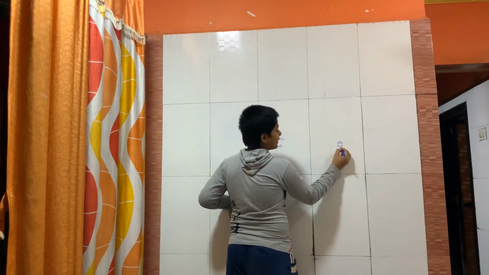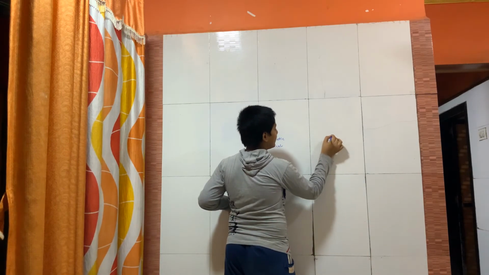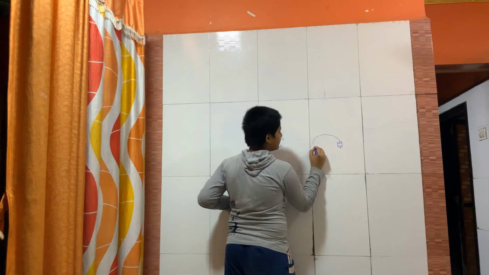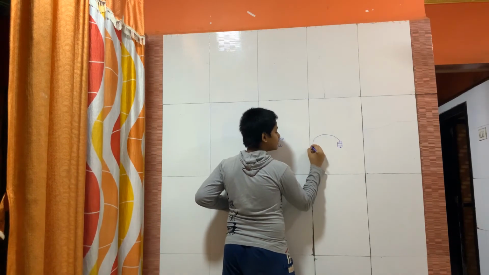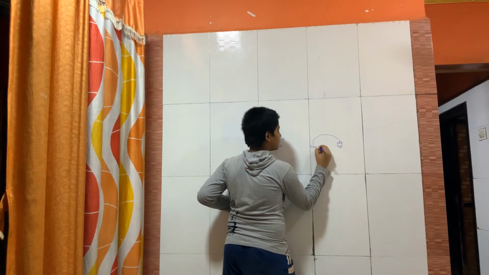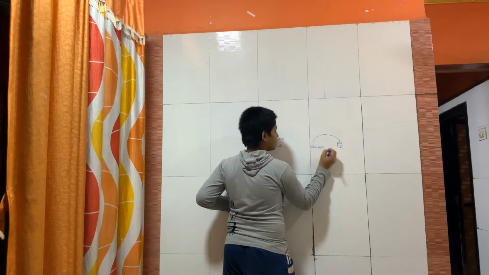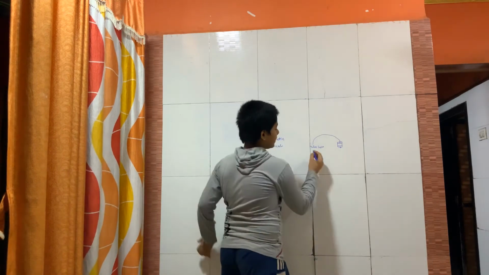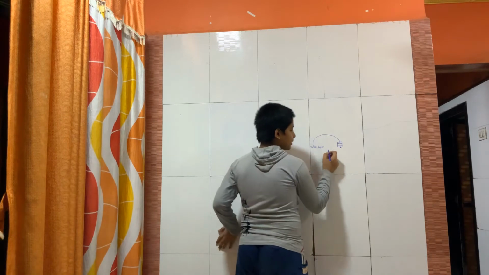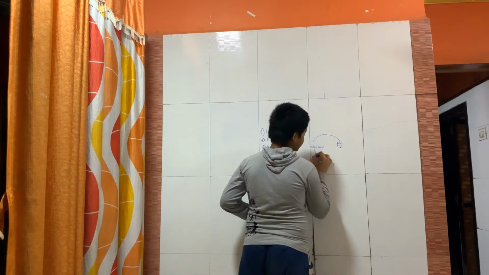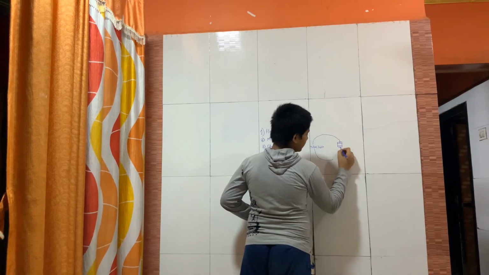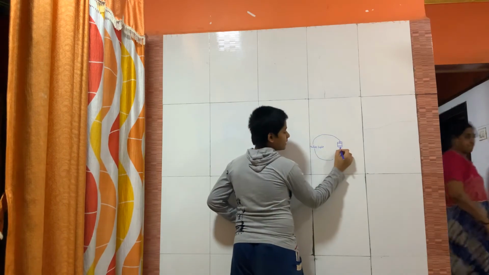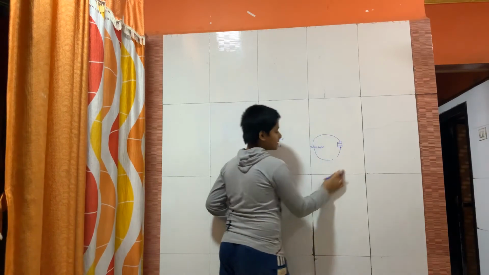Now here is a battery, and with the copper wire it goes and attaches to a tube light. Then this again goes here, and the other point comes here.